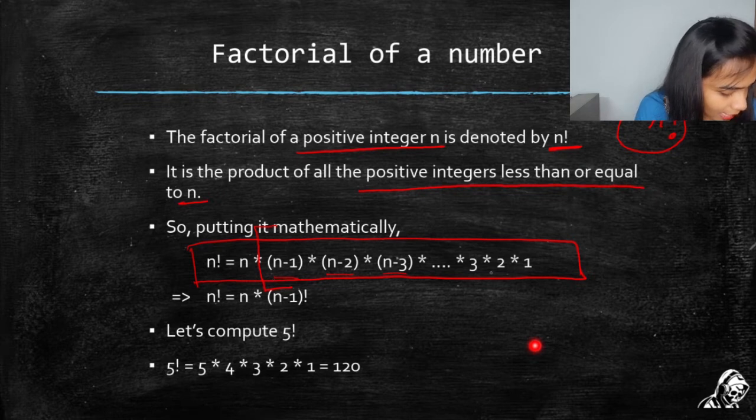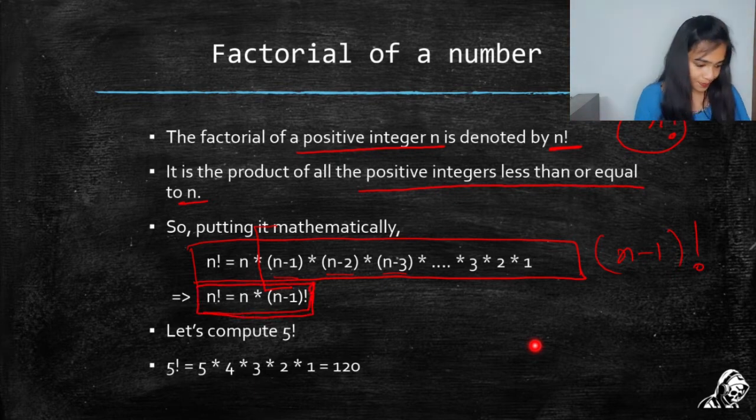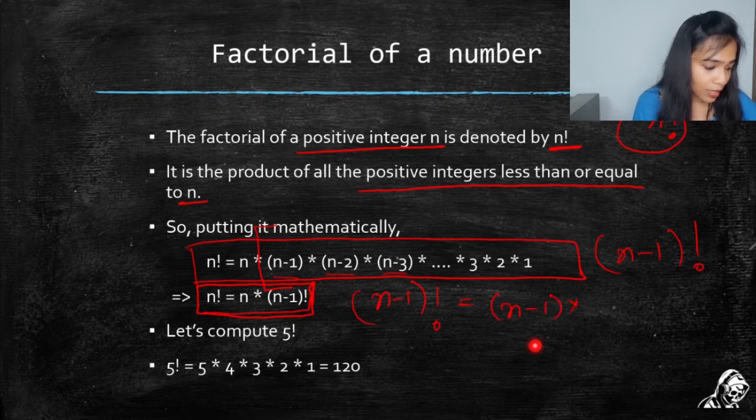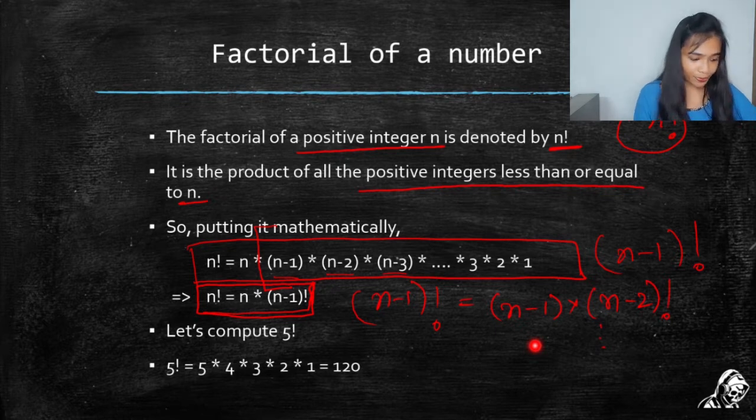This is nothing but n minus 1 factorial, right? So n factorial can also be written as n into n minus 1 factorial. Similarly, n minus 1 factorial can be written as n minus 1 into n minus 2 factorial, and so on.